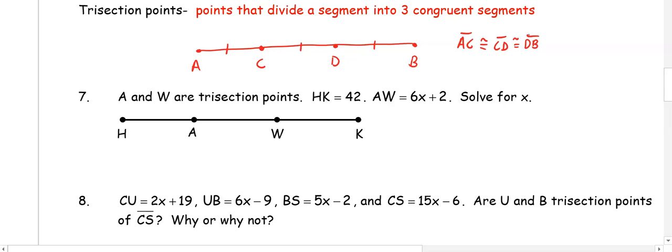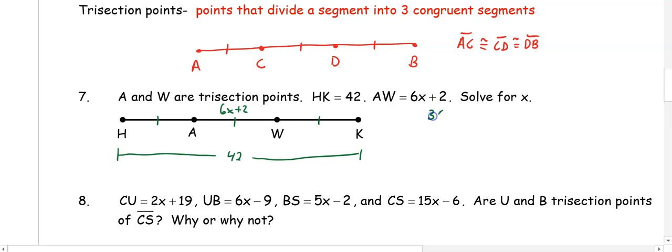So in number 7, A and W are trisection points, which means each part of this line is going to be congruent. We know that HK, the whole segment, is 42, and AW is 6x plus 2. So 6x plus 2 is only representing a third of the line because of the trisection.